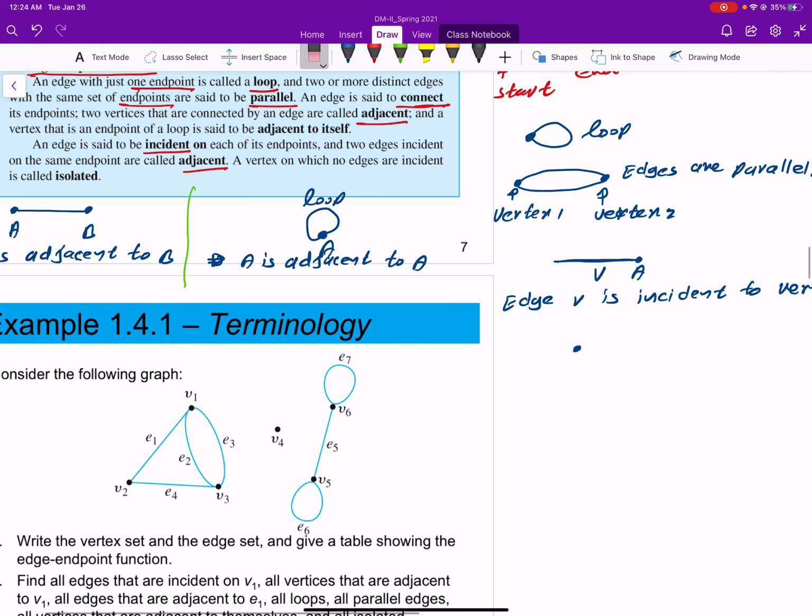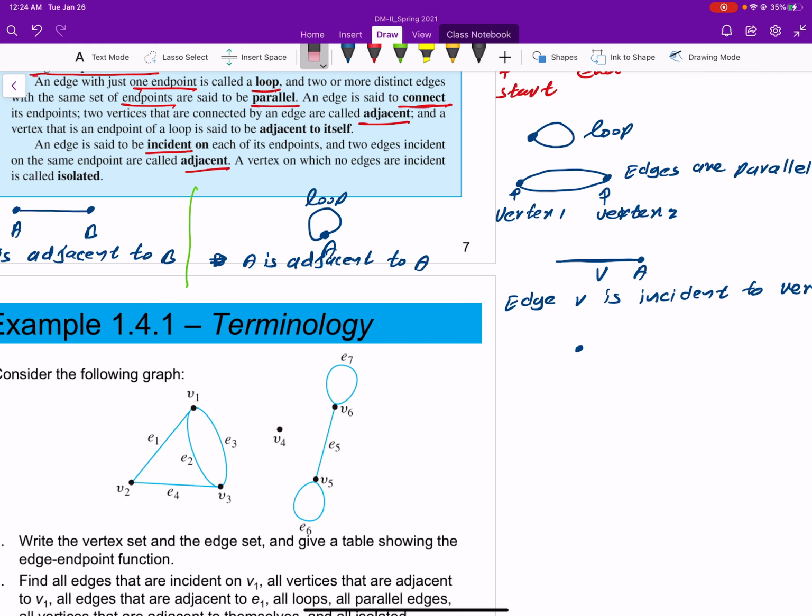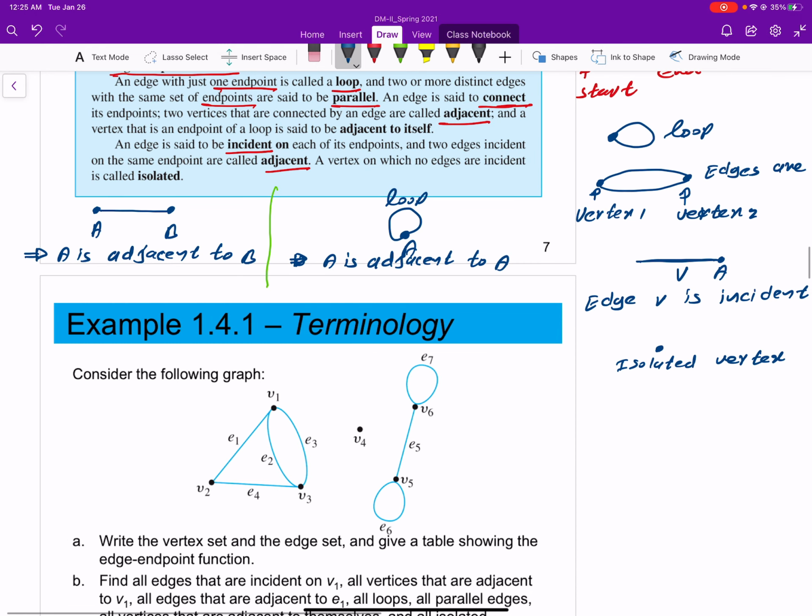Such a case is called isolation, so this is an isolated vertex. All these are technical terms, so you can read them later if you do not understand. All right, so go forward.